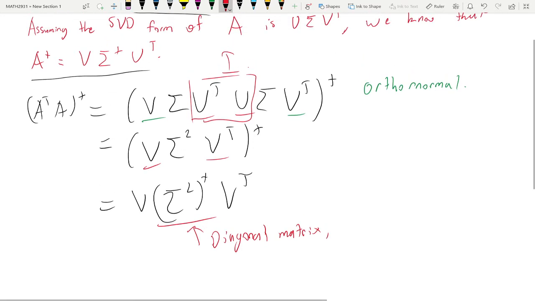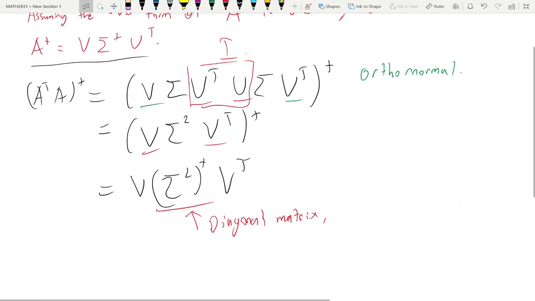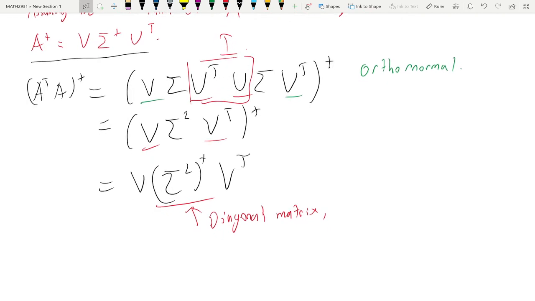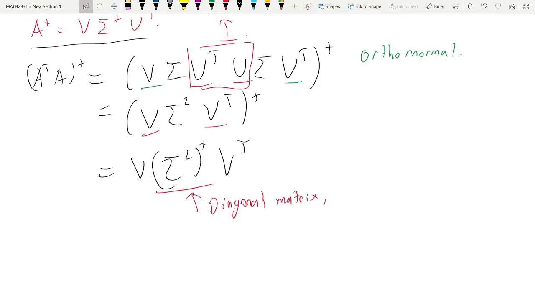And a special property of the pseudo-inverse of this thing is that it's really just the reciprocal of the non-zero diagonal terms, right? So let's suppose I'll just choose a simple example. Suppose sigma is equal to 2, 0, 0, 0. Or actually, no, I should add a third one, just to illustrate the point further.